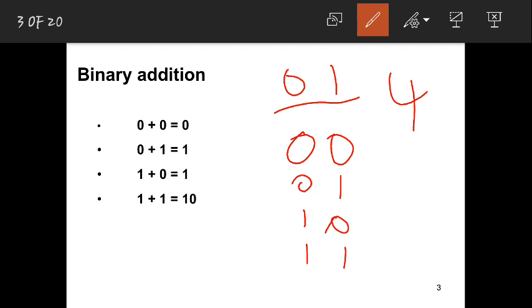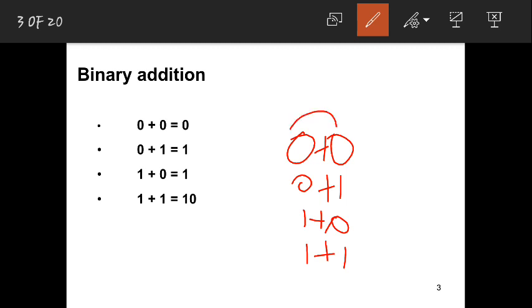Okay. So in this binary addition, all you need to do is just add them. I just want to see the result. If I add 0 and 0, my result will be 0. And binary addition of 0 plus 1 means the result is 1. Whenever I add 0 with 1, I get 1.